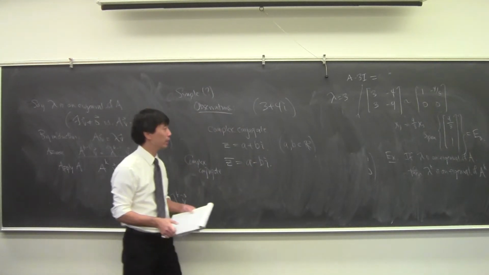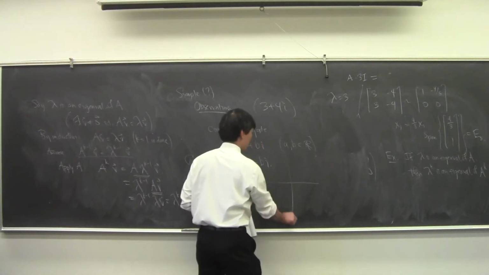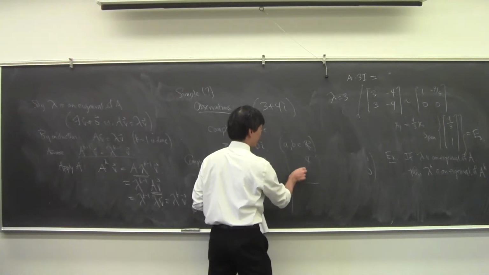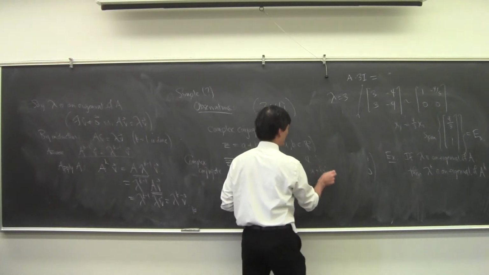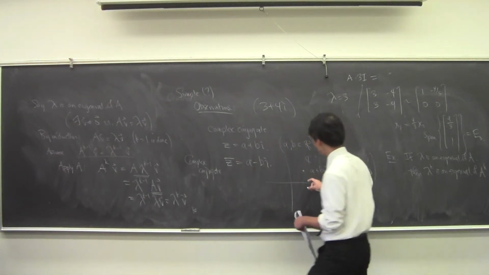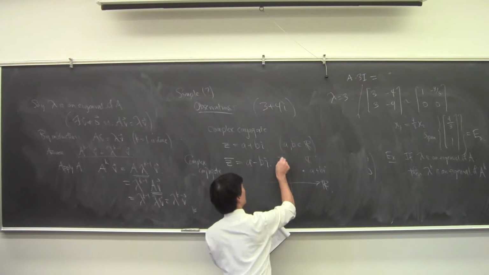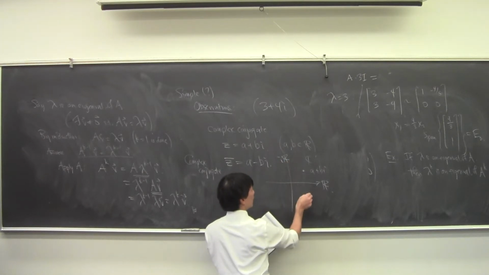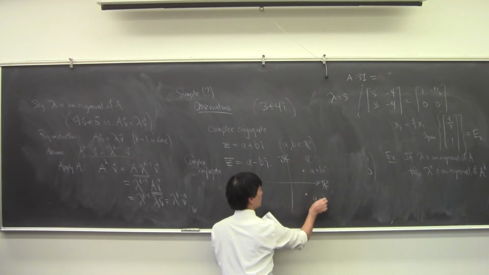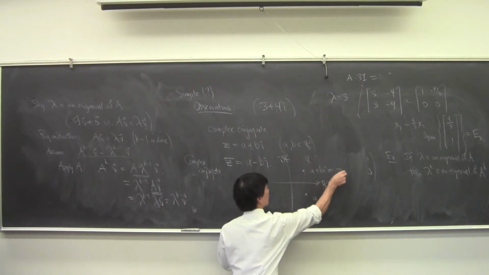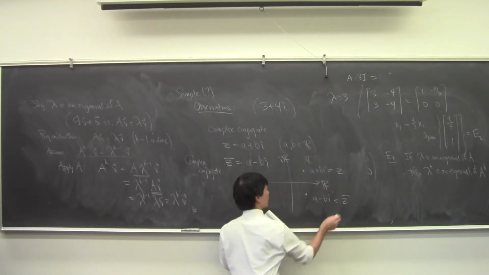A minus bi. So on the complex plane, you've got your a plus bi. This is the real axis. This is the imaginary axis. And then you've got this thing a minus bi, which is the complex conjugate.